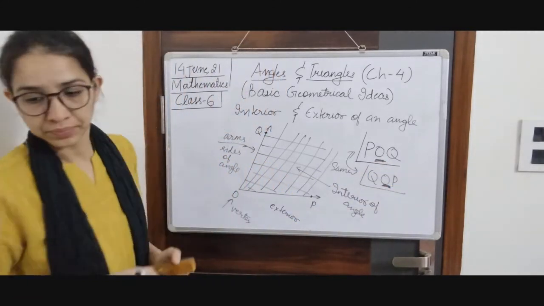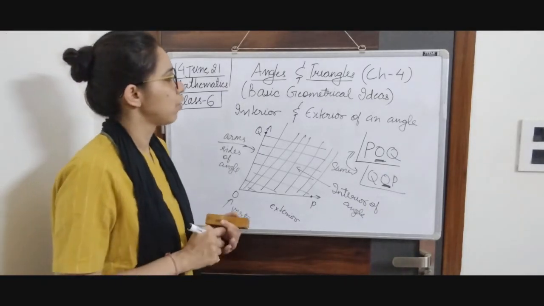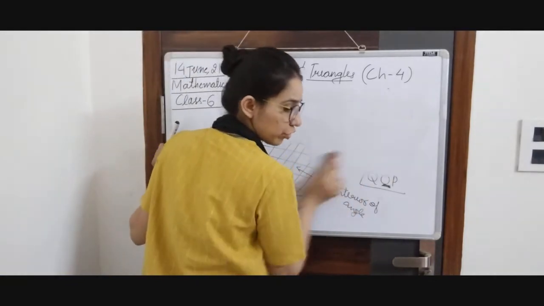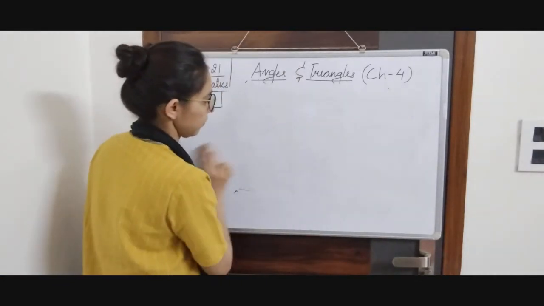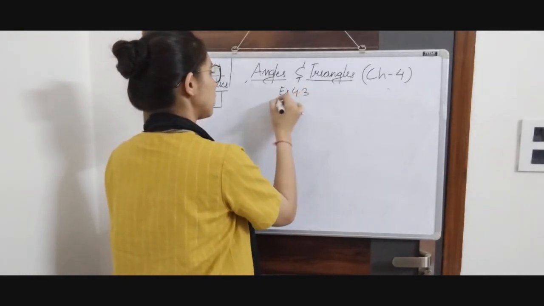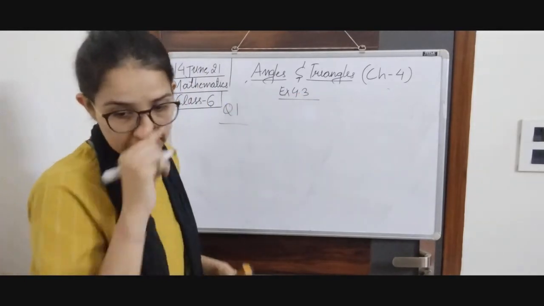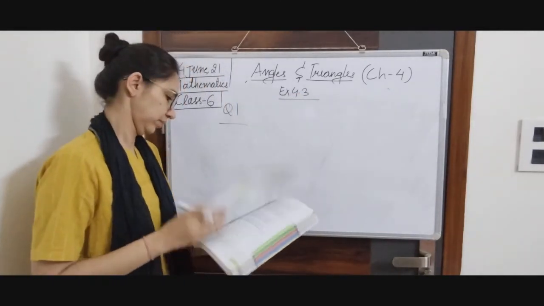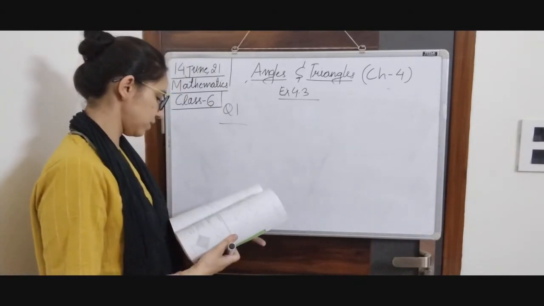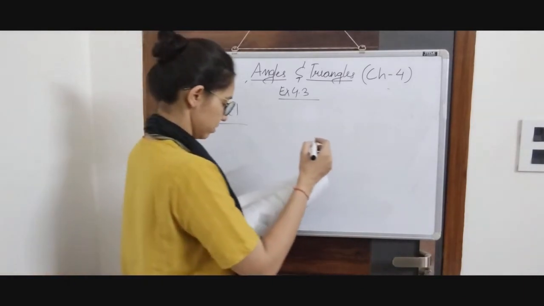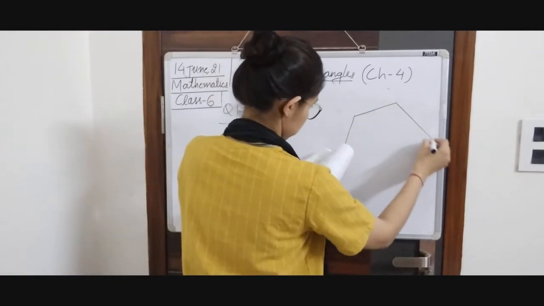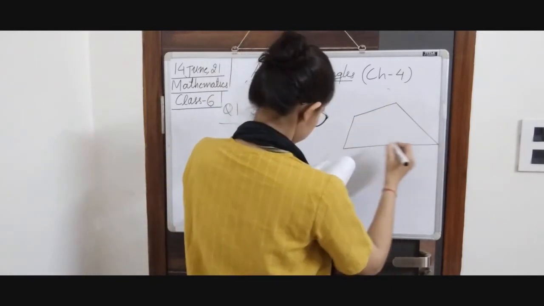Next is exercise 4.3, question number 1. It says, name the angles in the given figure. We have a figure which looks like this.